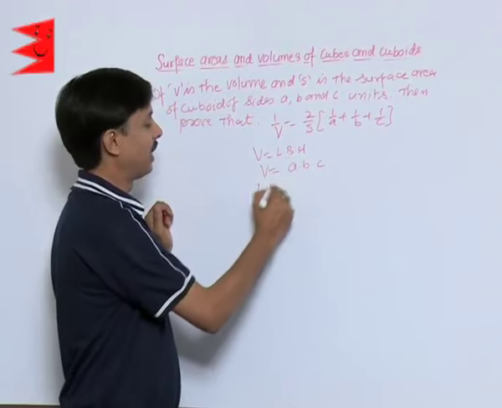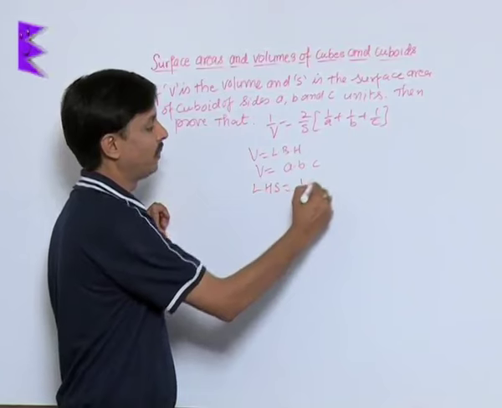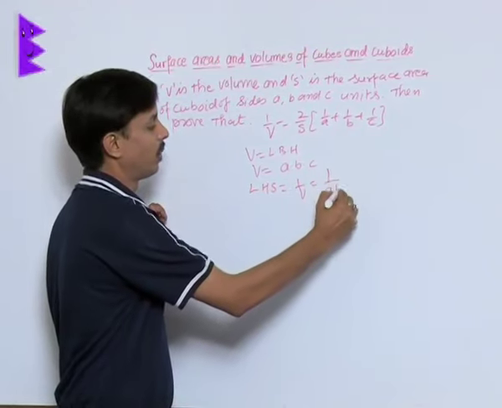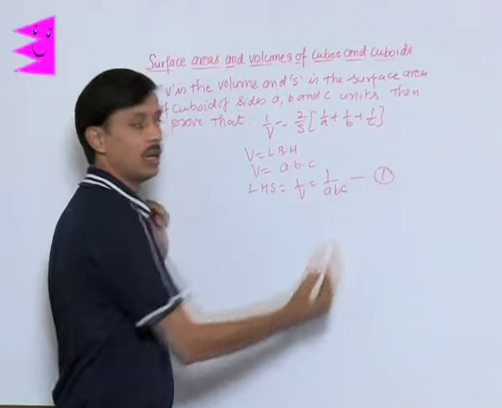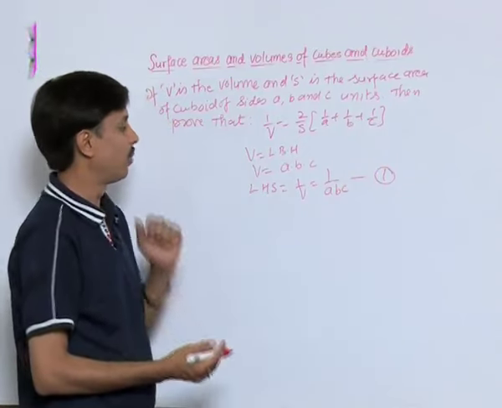Now the left hand side will be 1 upon V, which will be 1 upon A into B into C. We can call it relation number 1.